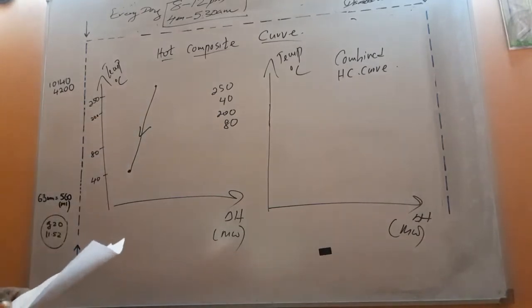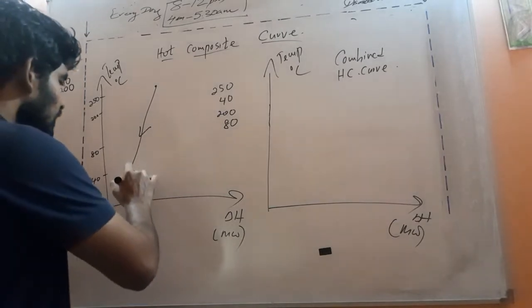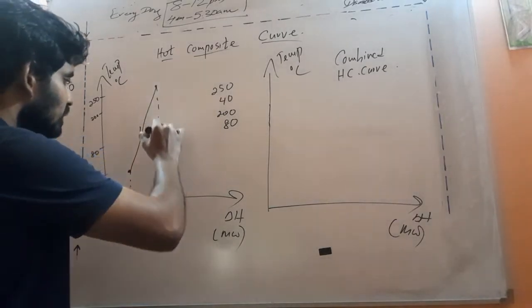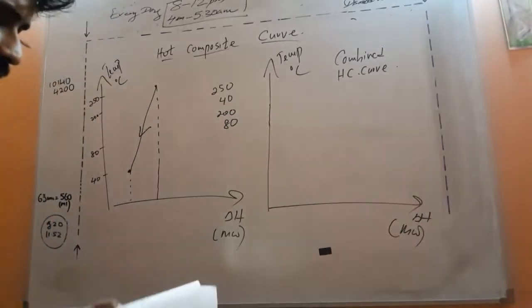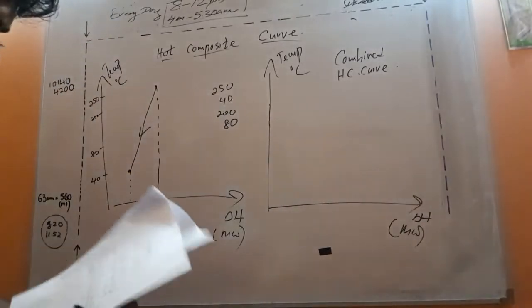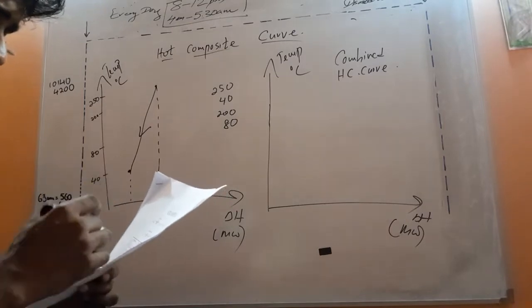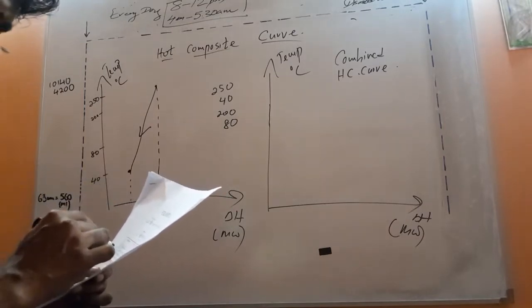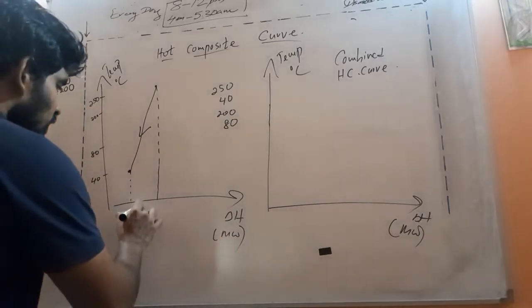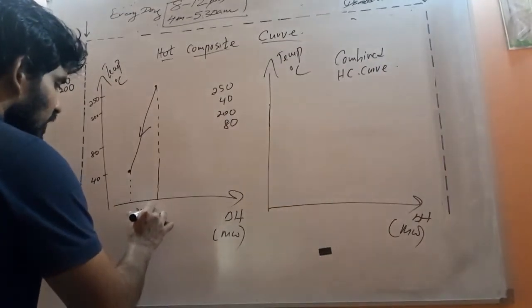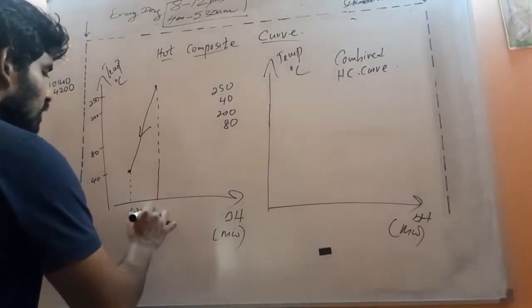And now here you can consider there is a certain width. So what is this width? That width is the delta H value for that process. What is the delta H value for supply 250 to target 40? 31.5.